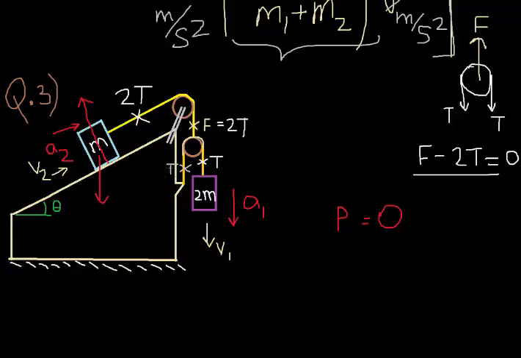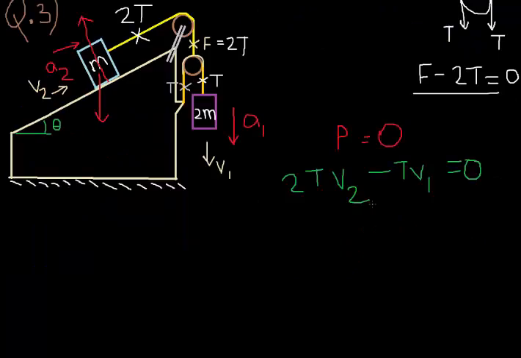So the power consumed by block M is 2T into v2, and the power consumed by block 2M is T into v1, and the total power is equal to 0 since the thread does not supply power.